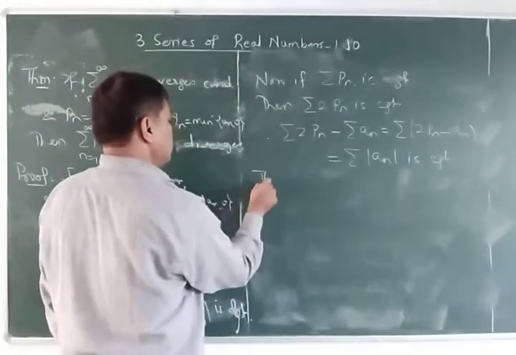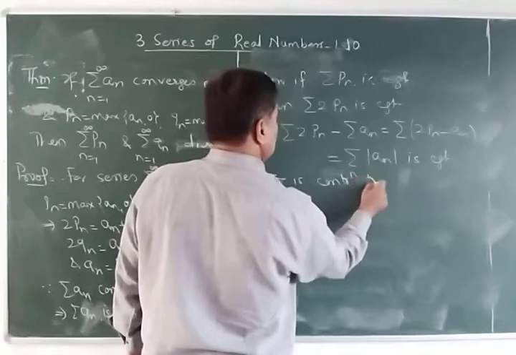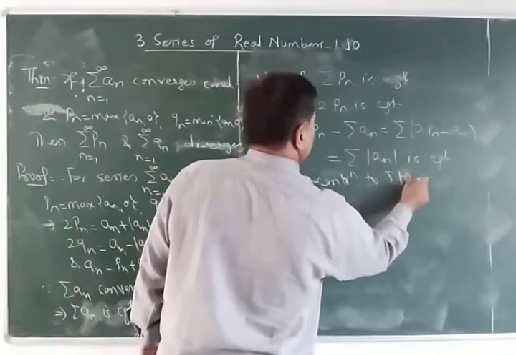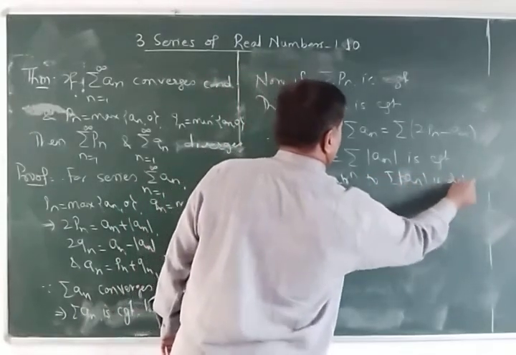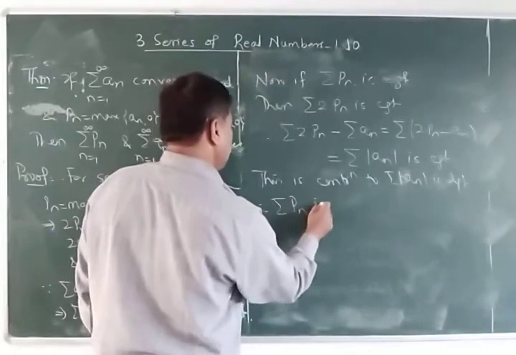This is a contradiction to summation mod n being divergent. Therefore, summation Pn is divergent.